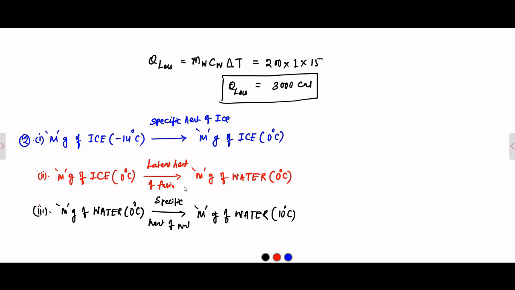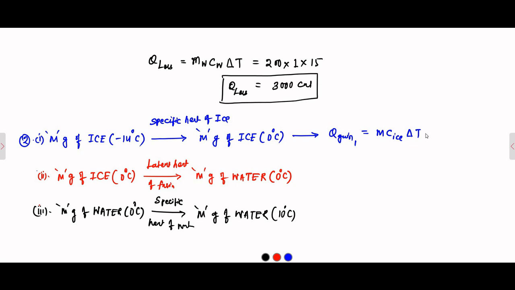So for this transition calculation, this heat gain which leads to temperature increase, heat gain 1 here is equal to m C ice delta T, and here the same mass m is involved.